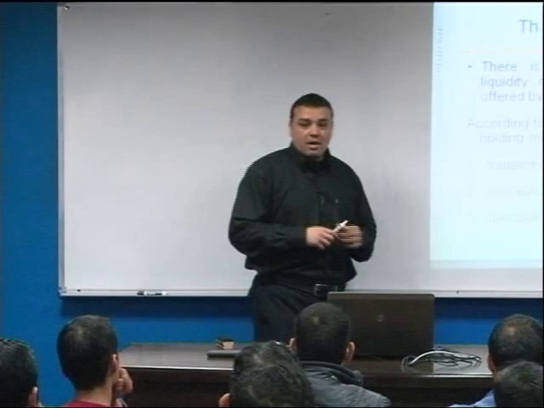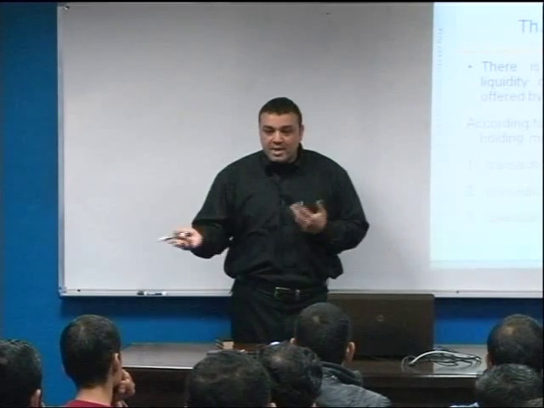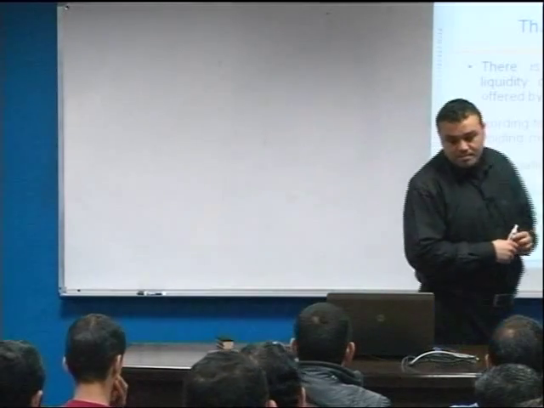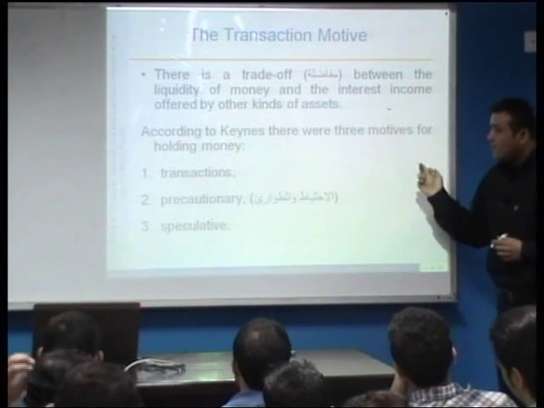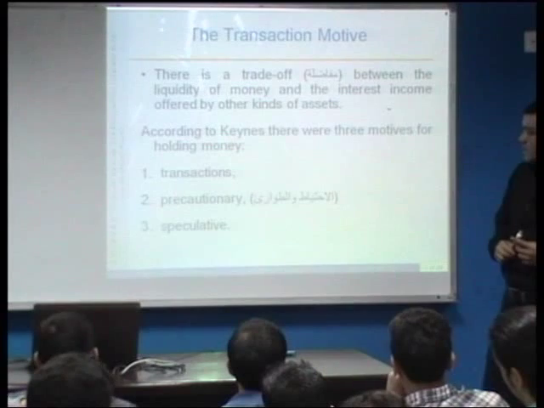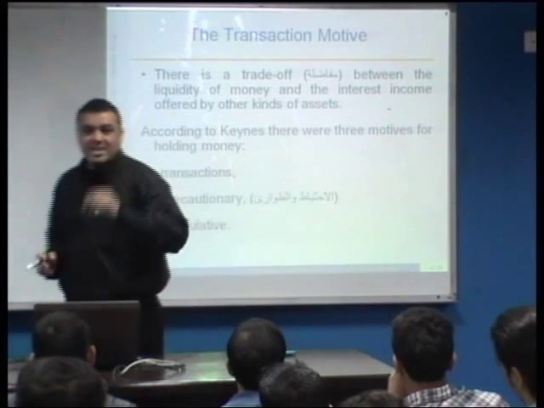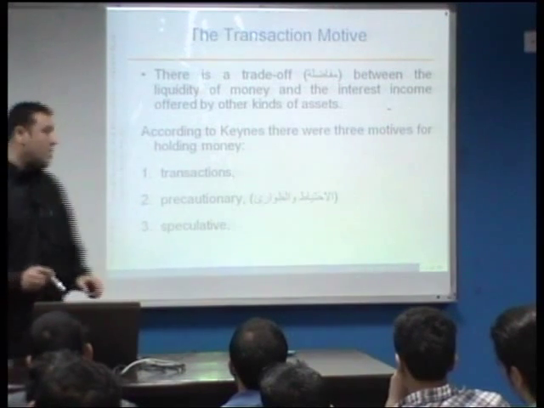So these are the main reasons for the money demand. And there is a trade-off between the liquidity of money and the interest income offered by other kinds of assets.